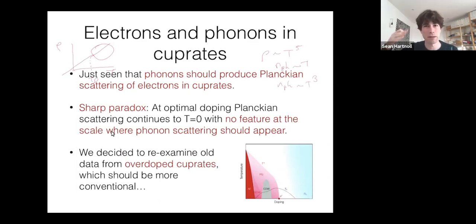This is just like the black body radiation thing, massless bosons that go like T cubed, so there are not enough of them at low temperature. And so there's really just a contradiction here. I'm trying to tell you that phonons have to be doing something, at least here. They probably can't be doing anything here, and yet there's no feature. You just look at this and there's really no feature.